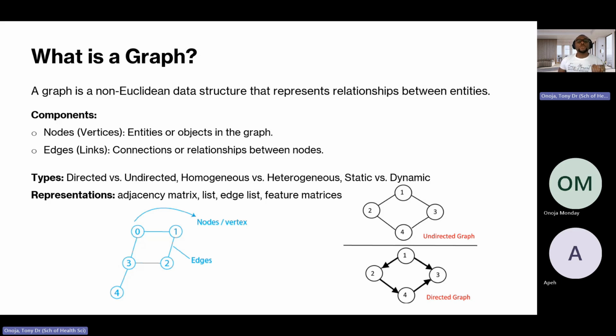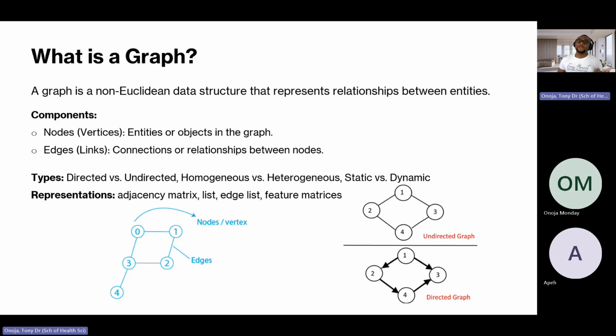The components of graphs are nodes or vertices, which we call the entity or object of the graph. Then there are edges or links, which connect the relationships between these entities. The nodes on their own don't tell us anything if they don't have connections linking them to the various other nodes.